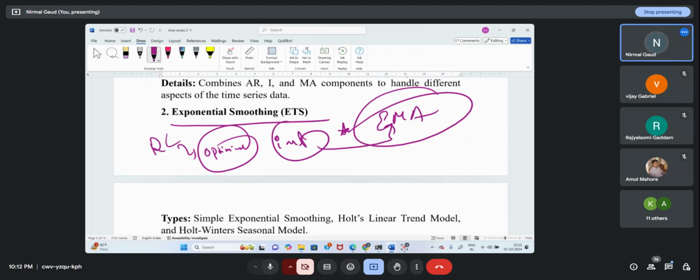Exponential moving average helps us in identifying the current trend by reducing the impact of older trends. That is what EMA does. So we apply EMA in deep learning optimizers like Adam, and there are many optimizers in deep learning.